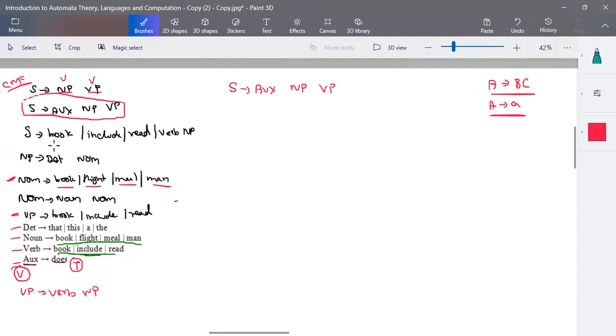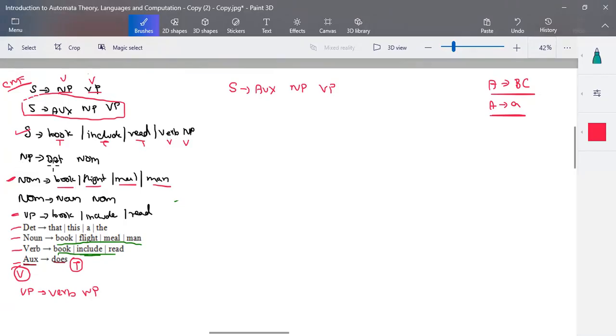Now coming to this production, you have a terminal, which is allowed, and two variables, verb and NP. It is also allowed, so this production is also in the CNF structure.